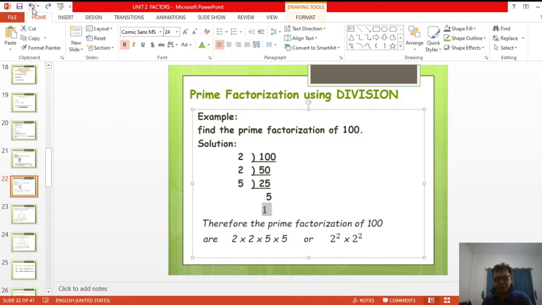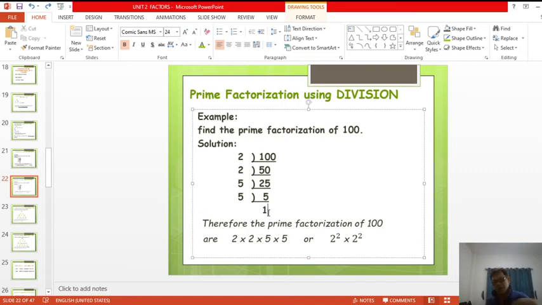Okay, let's go back to the original form. How did this happen? Here, 5 is a prime number, right? In fact, you can stop there. But some books ask you to go until your answer is 1. Fine, you just do the same: 5 divided by 5 is 1.